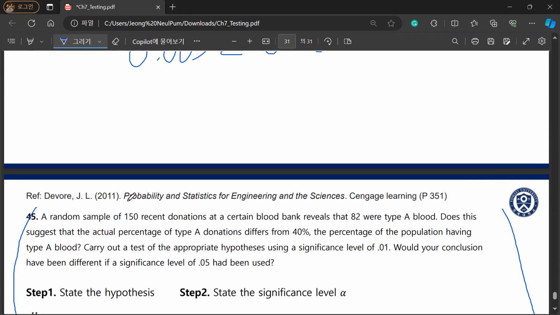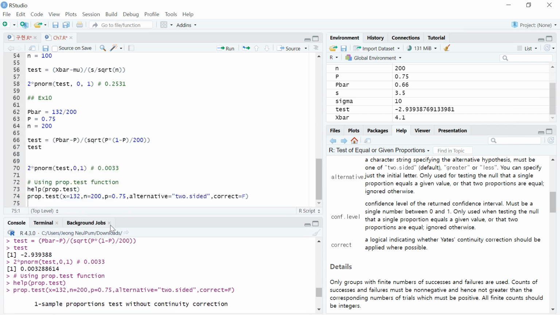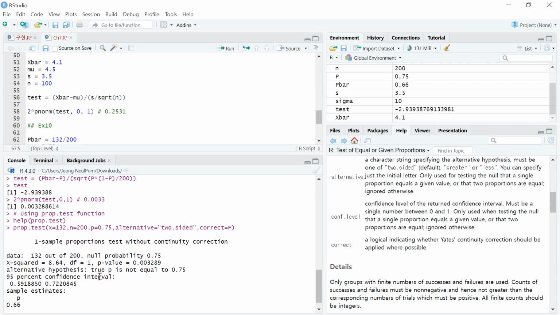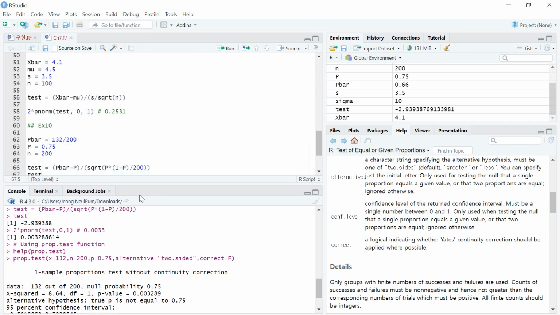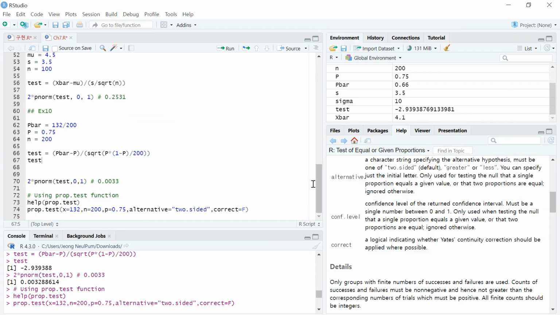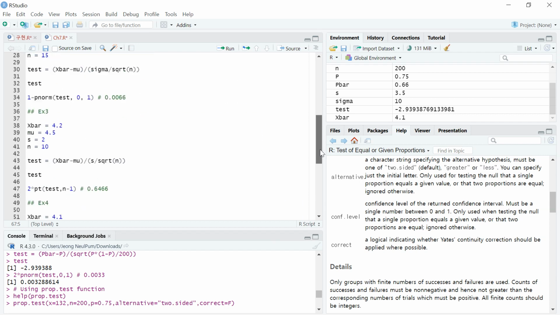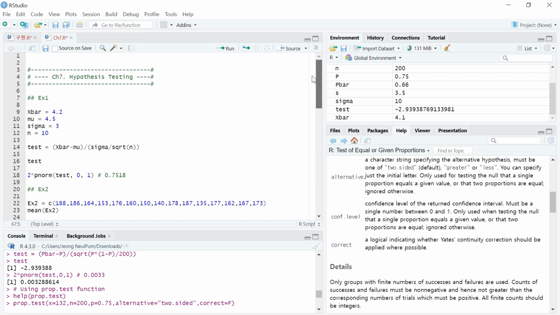This is the same as the result of our own testing, because we already rejected the null hypothesis and concluded that p is not equal to 0.75, since the p-value is less than 0.05, the significance level. So this is the end of the class, and I will summarize this class in Korean. Thank you.